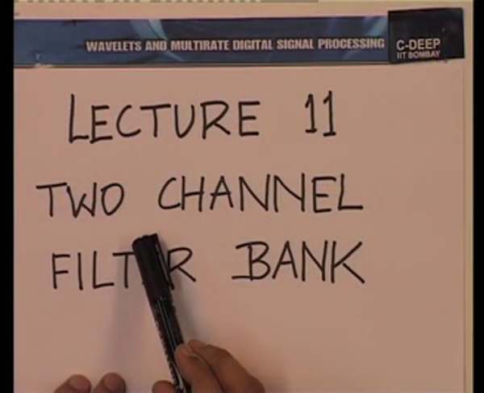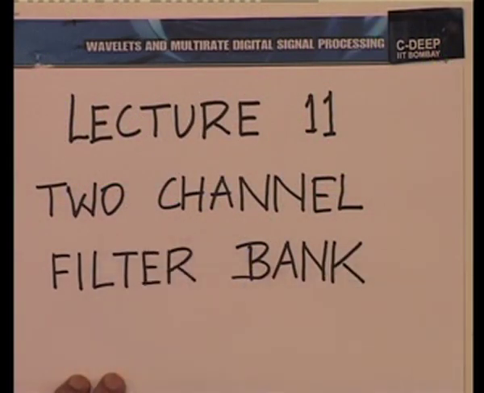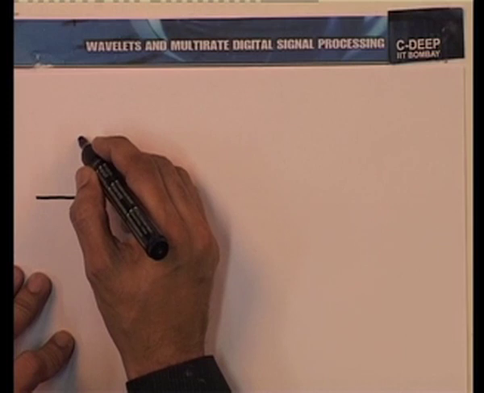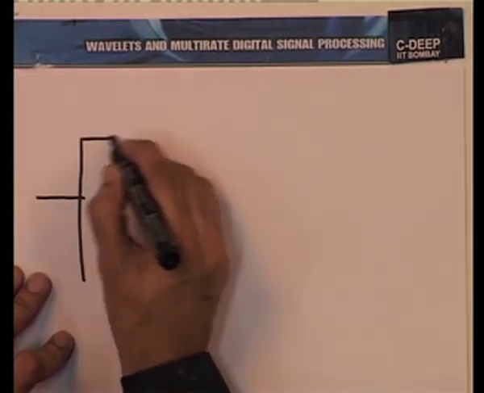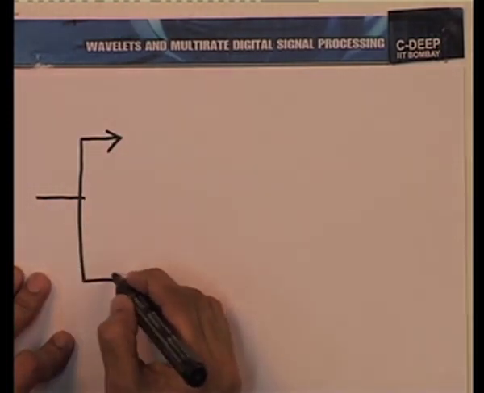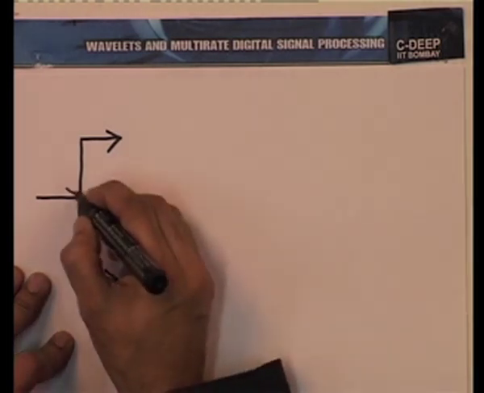So, today's lecture, as I said, is entitled the two-channel filter bank. And we intend in this lecture to talk about this structure, which we have been repeating often. But today we intend to analyze it threadbare, so to speak.